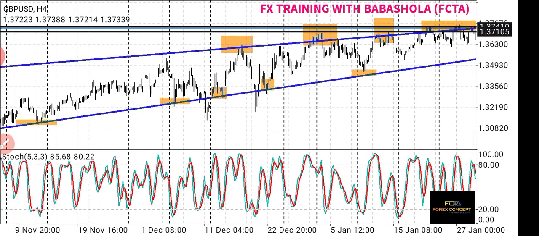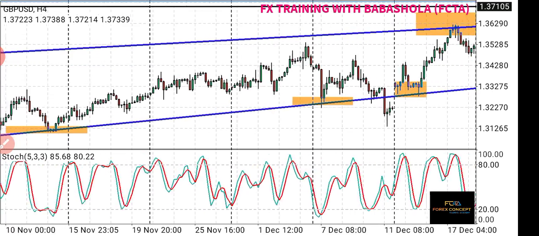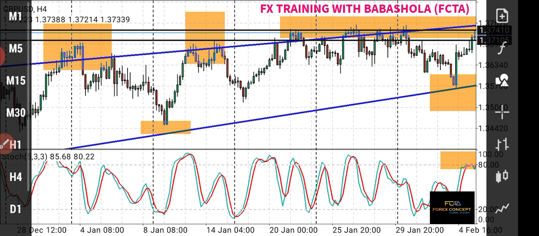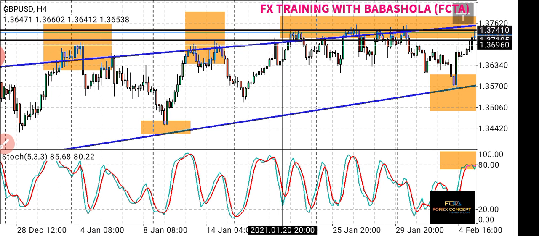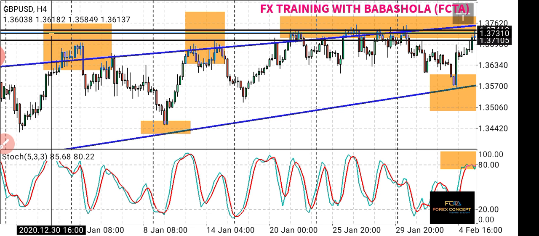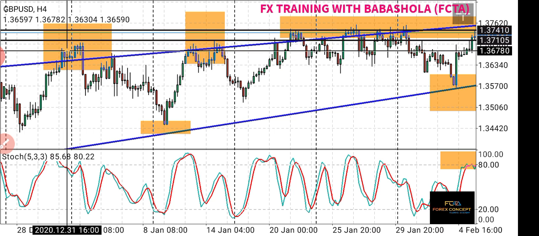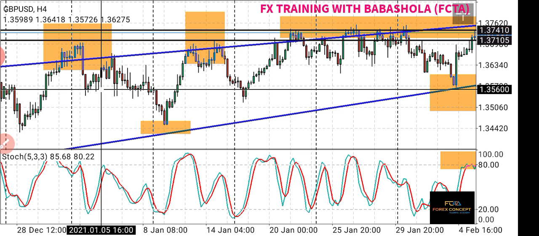The upper channel of the wedge has 4 bounces, 1 2 3 4. Okay, we have 1 2 3. It looks as if it's going to break this point, but it does not break it. It closes back inside the channel.